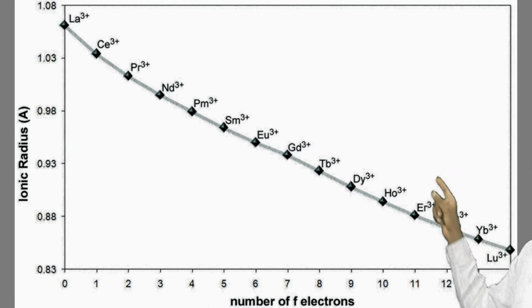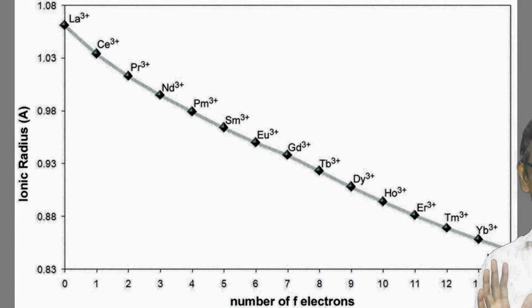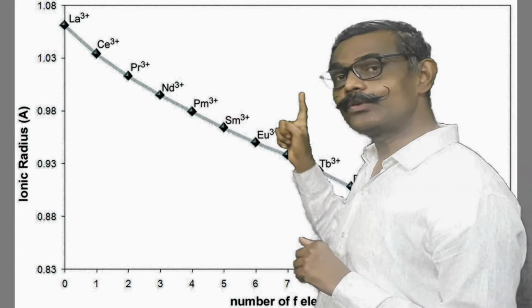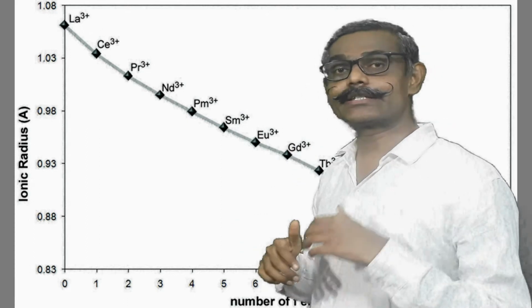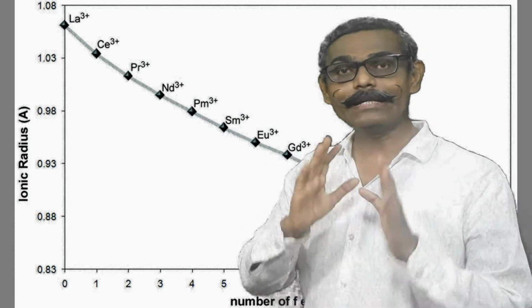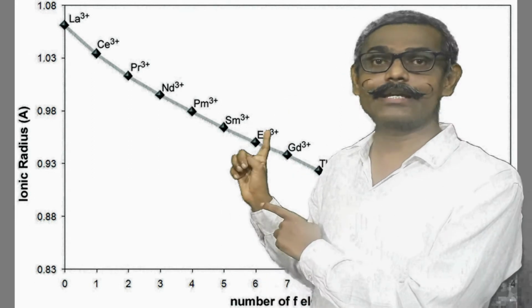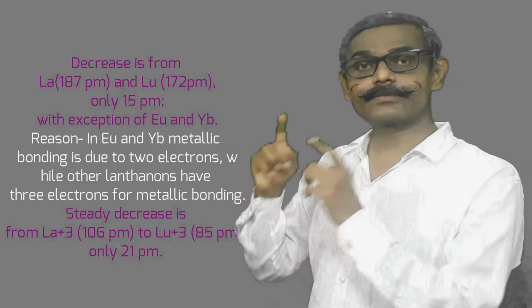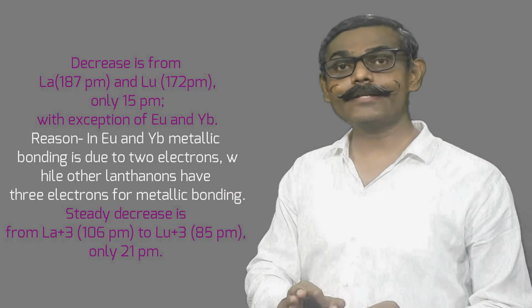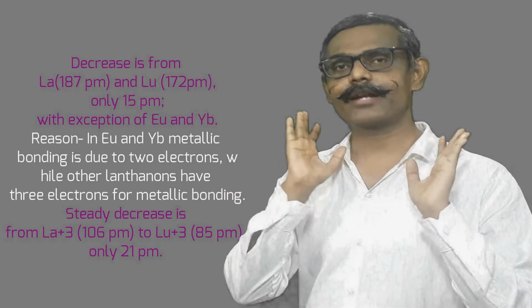So the difference is 21 picometer. From lanthanum +3 to lutetium +3, there is a steady uniform decrease in the ionic sizes. Therefore, this phenomenon is called lanthanoid contraction.